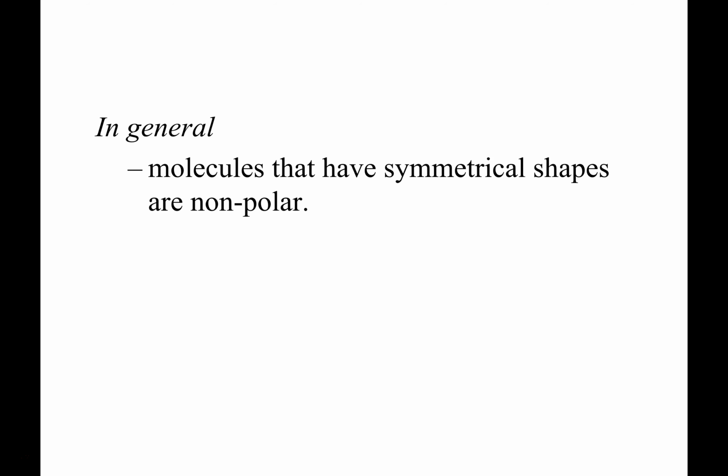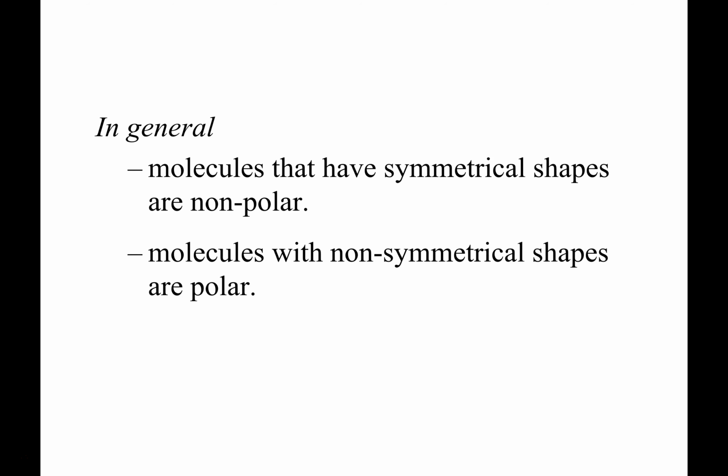And if their centers coincide, it's nonpolar in general. If the shape is lopsided, like this shape is lopsided, does it have any degree of symmetry? I don't know. But this would be a non-symmetrical shape. This is NH3. And it is polar.